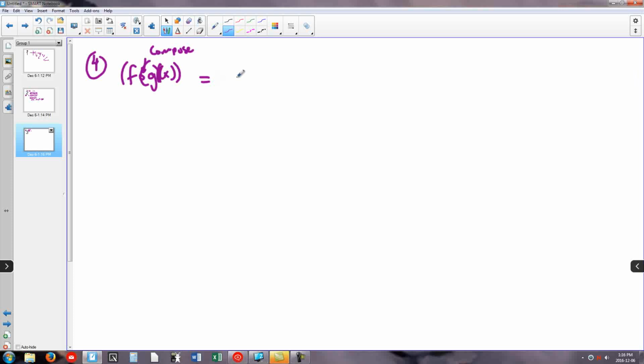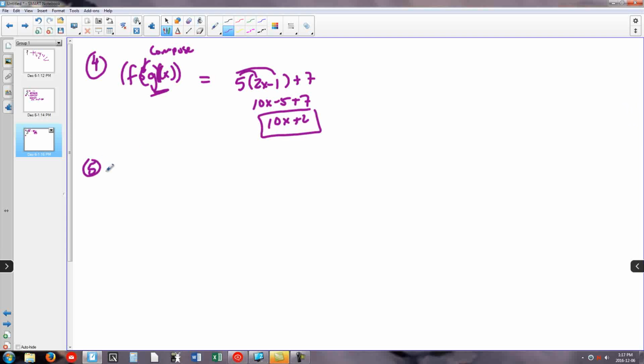We're going to take function f, which is 5 times something plus 7. Instead of putting an x where the x always has been, I'm going to leave it empty, or open it up, and put inside of it what function g is. Function g was 2x minus 1. Now all I have to do is distribute to get 10x minus 5 plus 7, which is 10x plus 2. And there's my final answer.